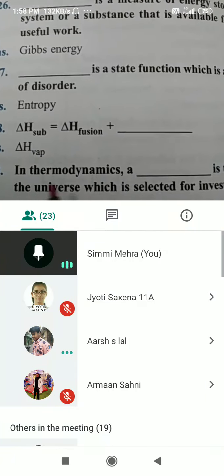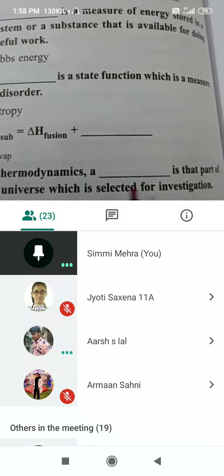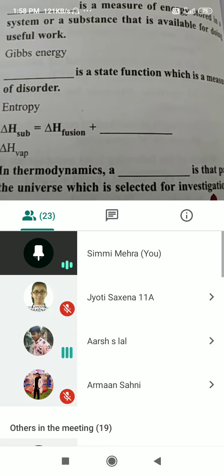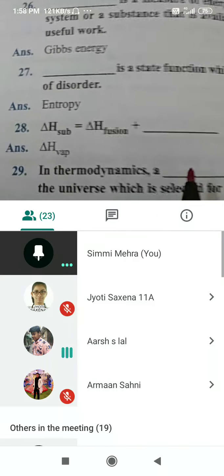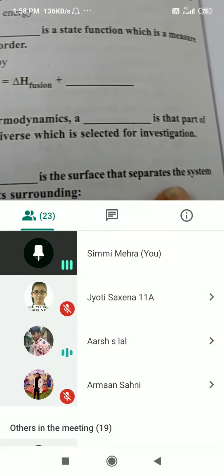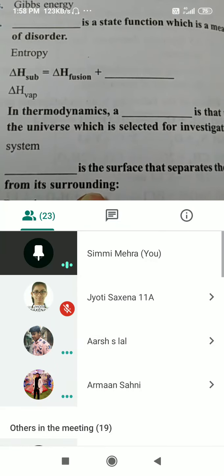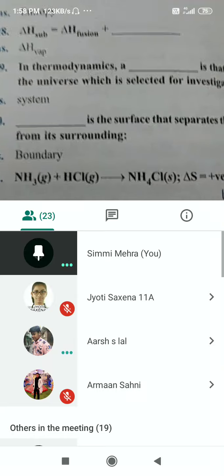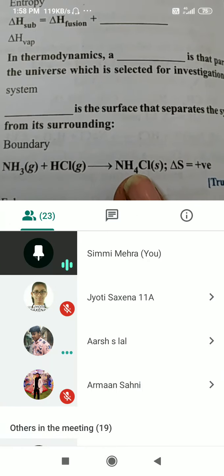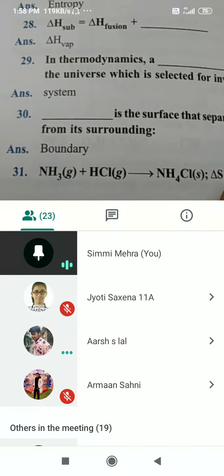Okay. In thermodynamics, a dash is that part of the universe which is selected for investigation: system. Okay. Dash is the surface that separates the system from its surrounding: boundary. Okay. Ammonia plus HCl is giving you ammonium chloride. Delta S is positive. Right?